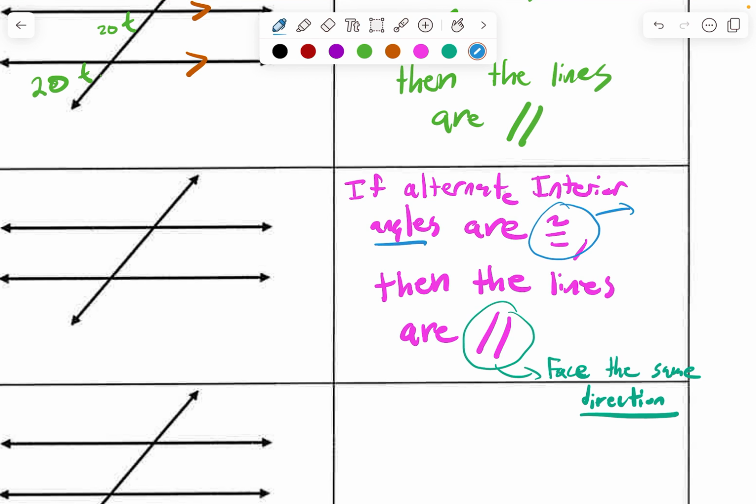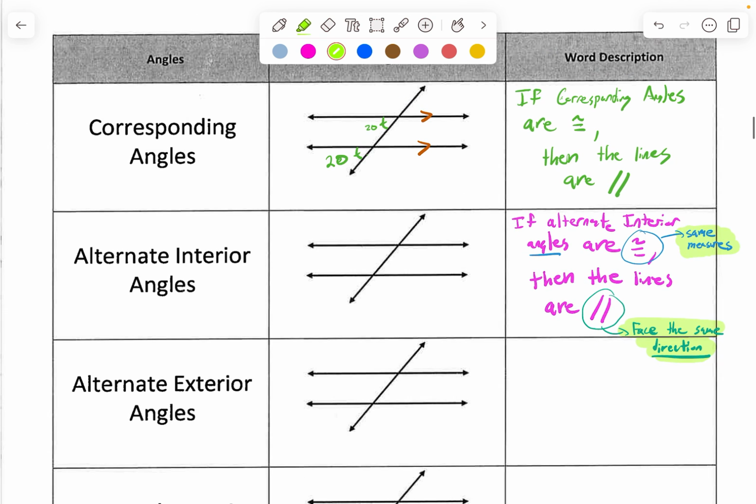We just said 20 degrees and 20 degrees, same measures. You need to know, I promise you, some people will get this wrong. You need to know the difference between these two things. I hope to make that very clear in our time.